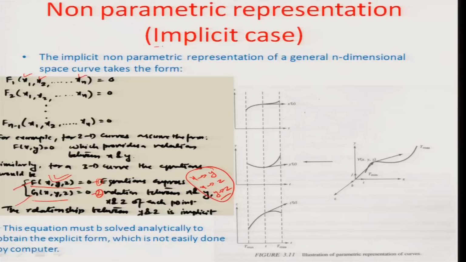You have two different functions where there is a relationship between x, y and z being indicated, and you will have to infer from that how x varies with respect to y or x varies with respect to z, or even y and z, what the variations are with respect to each other. So that is the implicit way of describing the non-parametric representation of the curves.